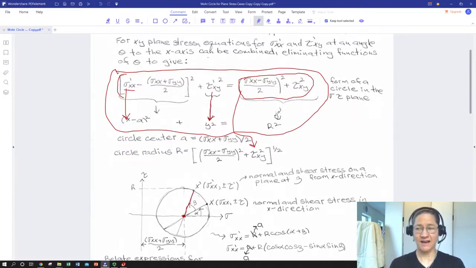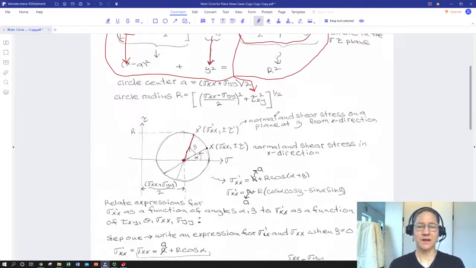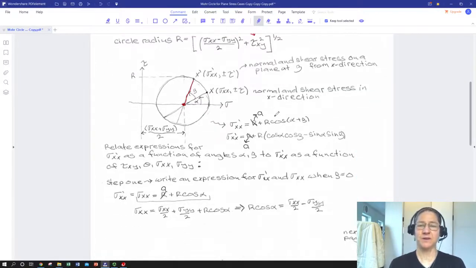It falls out of the math, literally. It's no mystery. It just is a convenient mathematical rearrangement. So let's just get used to thinking of a circle that's going to have a center somewhere on our sigma, our normal stress axis, and it's going to have a radius that relates to the applied shear and normal stresses on our body that we're loading up, to which we're applying stress.